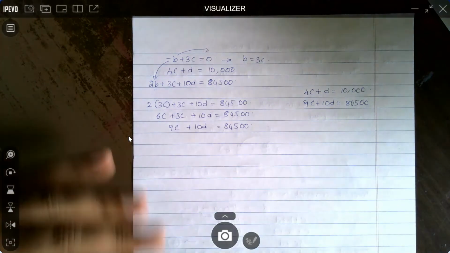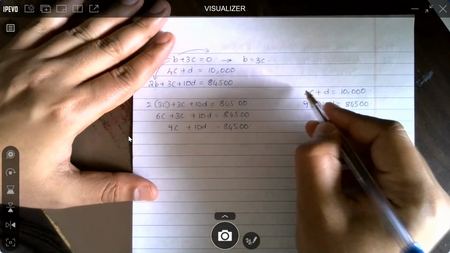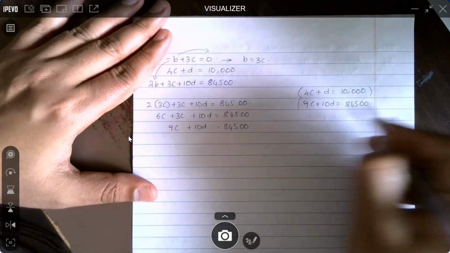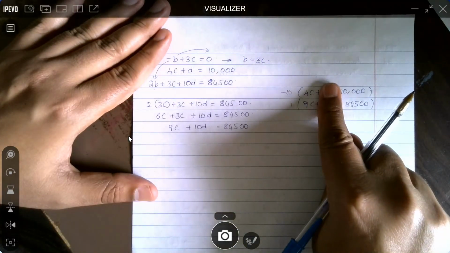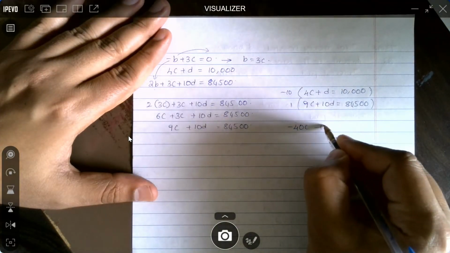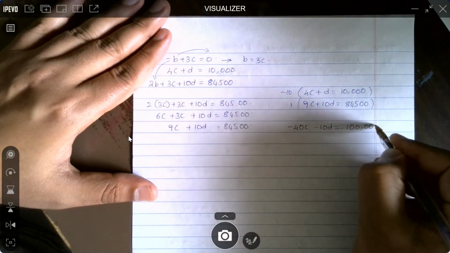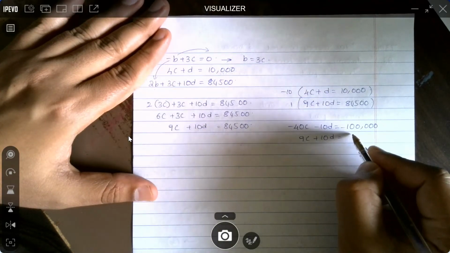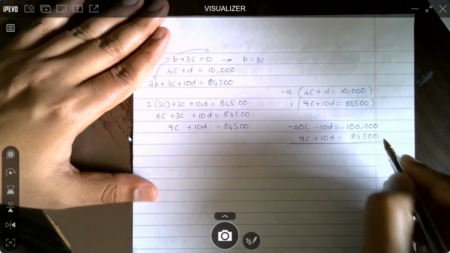Now how would you work with this? These are your two equations. There are several ways to go about it. The easiest one is I would multiply the top by negative 10, the bottom by 1. So what happens is you are cancelling out D. You get negative 40C, negative 10D is negative 100,000, and 9C plus 10D is 84,500.